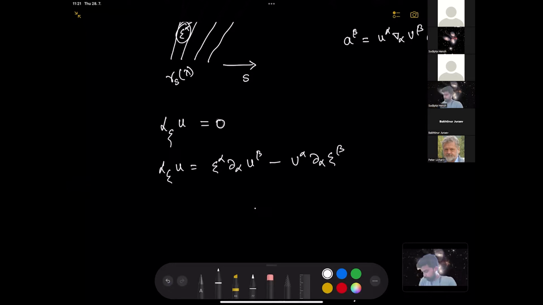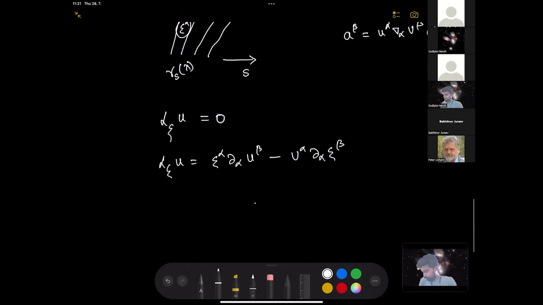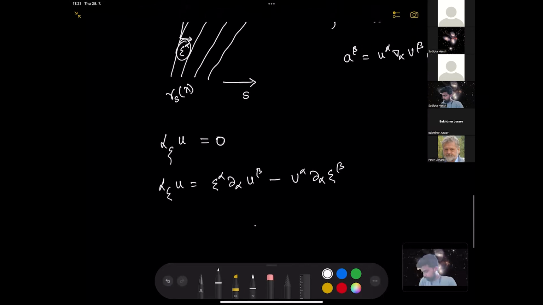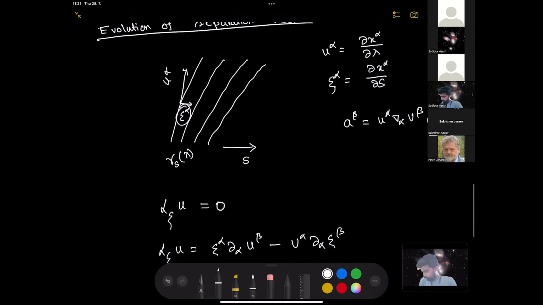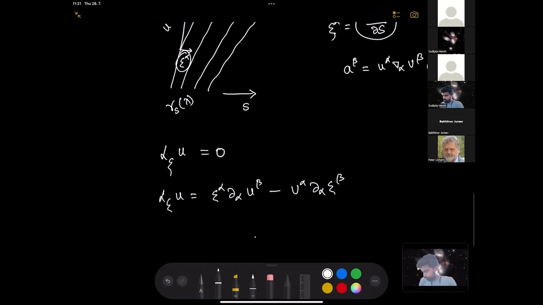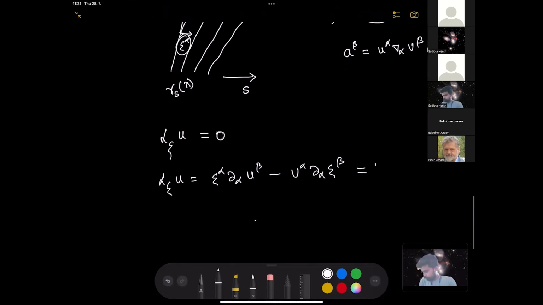So if we substitute the expressions for u and xi here, then we can clearly see that this will be 0.